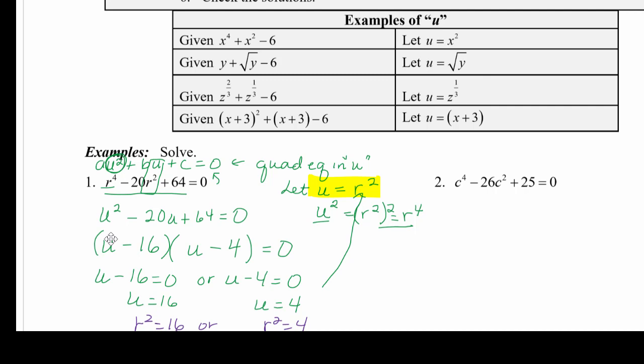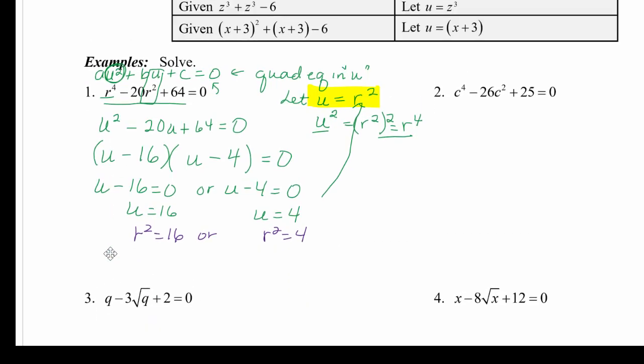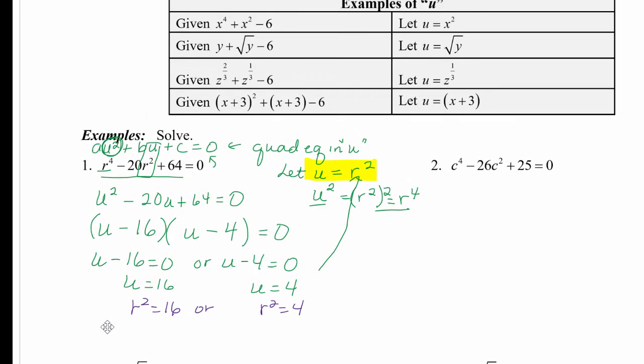Now I have to solve this quadratic. But now this quadratic is quantity squared equals number, right? Quantity squared or variable squared equals number. We usually solve that using square root property. So we're going to take the square root of both sides and remember the plus or minus.